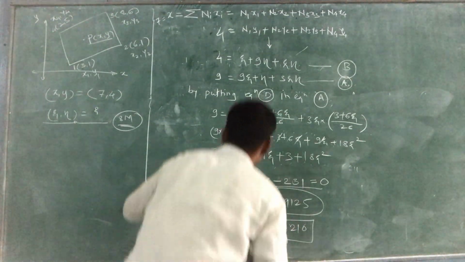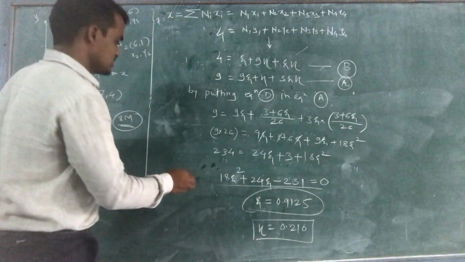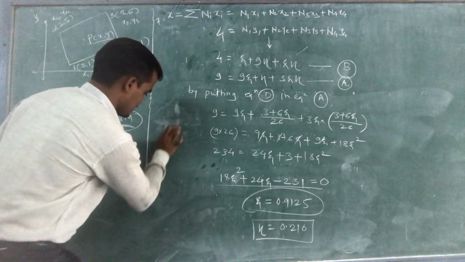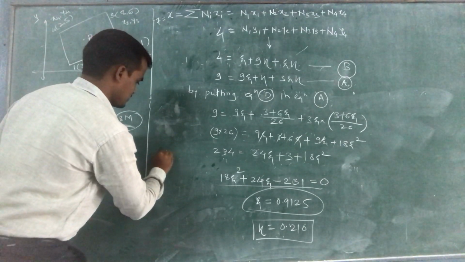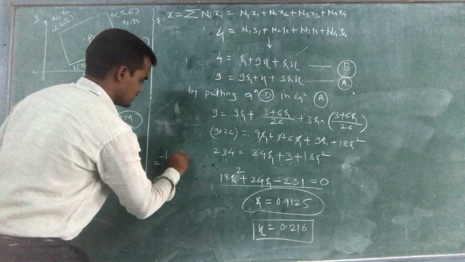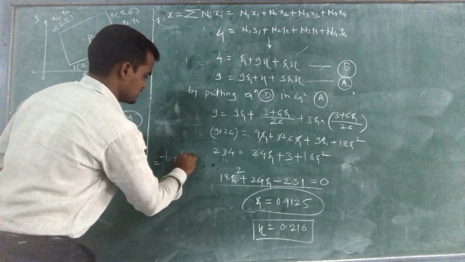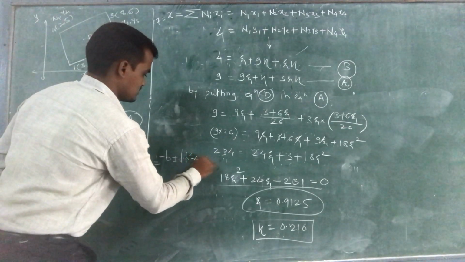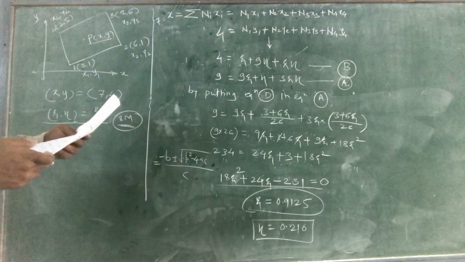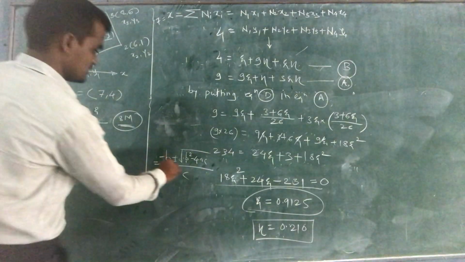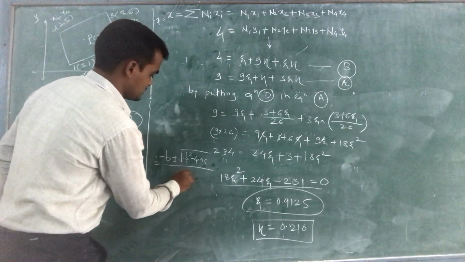Okay, you can solve this equation by using your calculator, or you can solve it by using the roots formula: x equals minus b plus or minus square root of b square minus 4ac, divided by 2 times a.